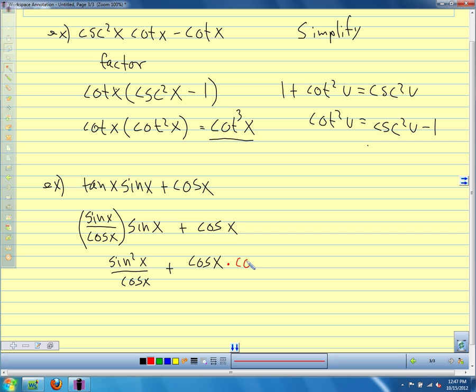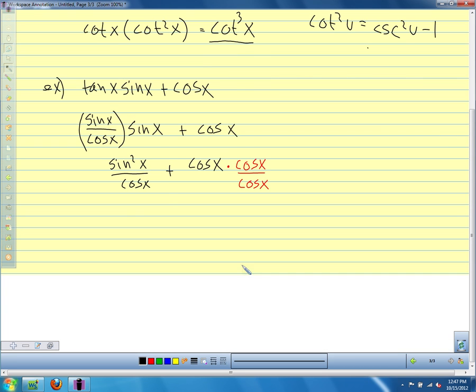So I'm going to multiply this by cosine x over cosine x. And I get sine squared x plus cosine squared x, and my common denominator is cosine x. And sine squared x plus cosine squared x is what? 1. That's from our Pythagorean identities up there on the upper right.